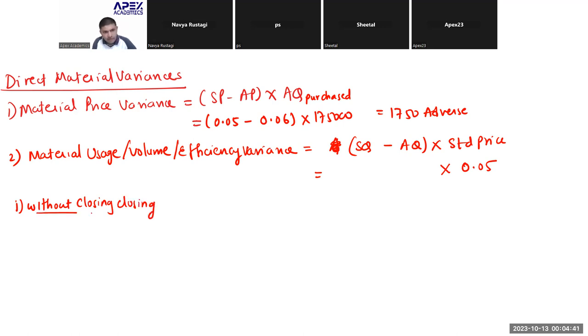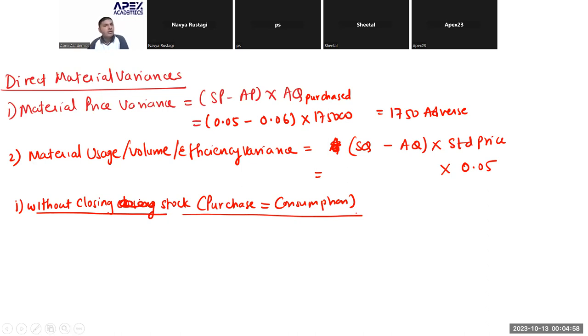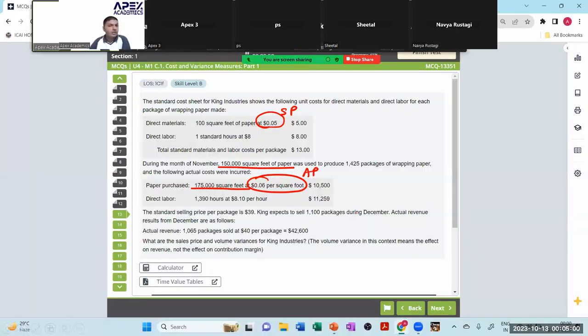What will happen without closing stock? Purchase is equal to consumption. Am I clear about this? Yes or no? Yes, sir. Now carefully answer my question.